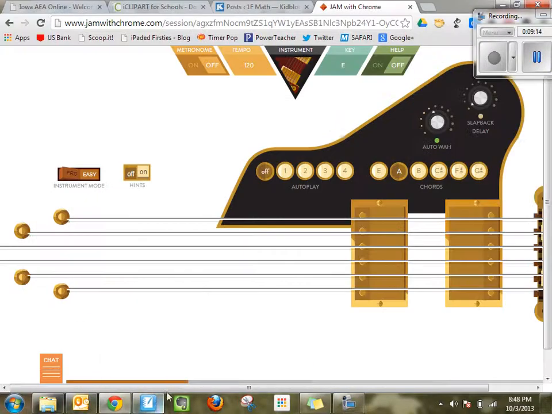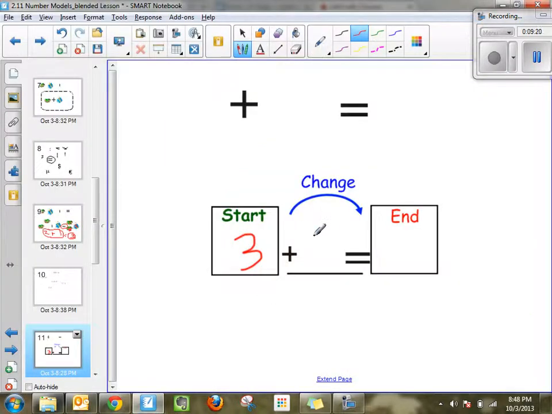Now I want you to listen again. So I just strummed it once. So I want you to think in your head, how much does that equal? 3 plus 1. So we have 1, 2, 3, and then 1 here. So 1, 2, 3, and 4. The answer would be 4.